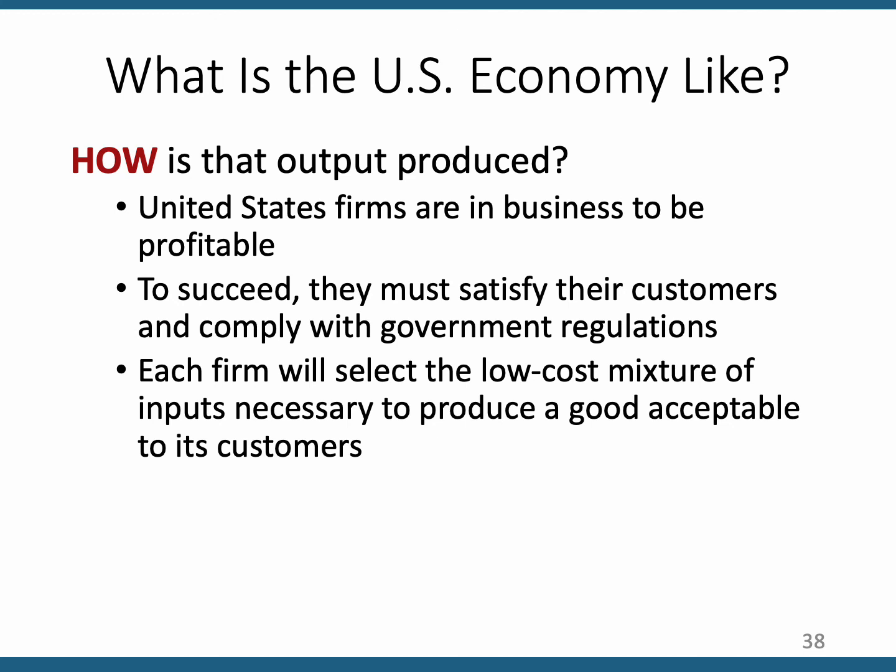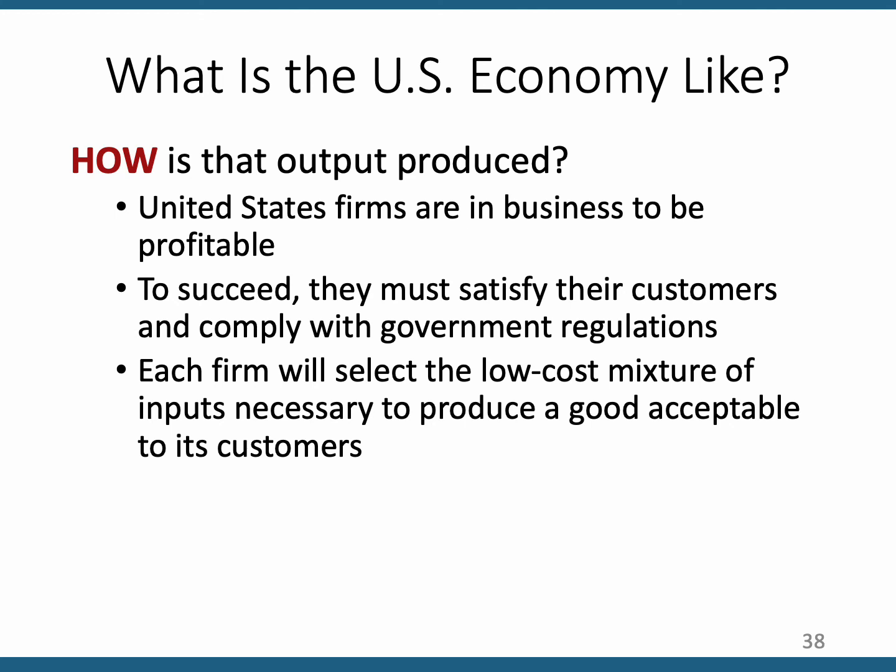How are goods produced and how are services produced in the United States? Well, with our type of economic system, because markets have competition, there is pressure to produce at the lowest possible per unit cost. So this is a low mixture of inputs, relatively speaking, to produce outputs. You're trying to lower the cost of your inputs to produce your outputs.